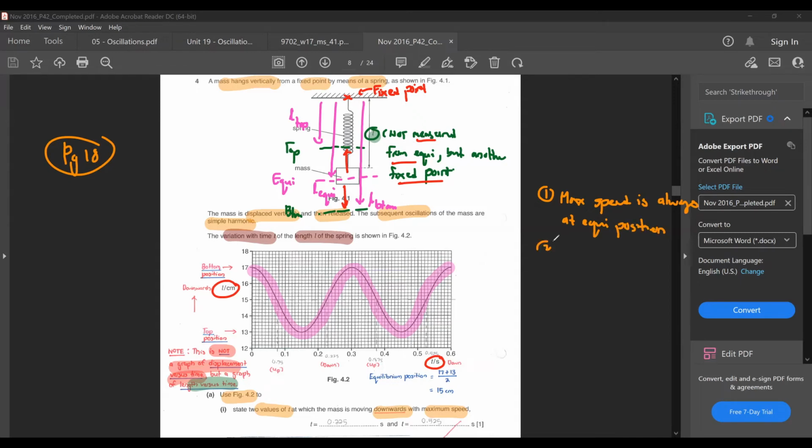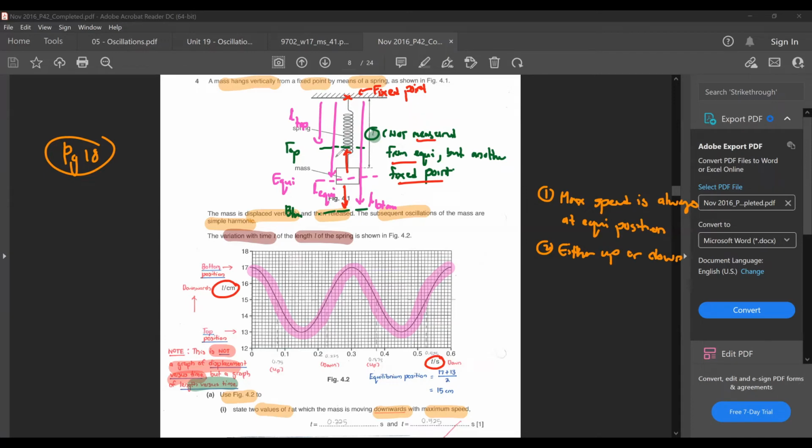In your case, it will either be up or down. It will always be maximum speed at equilibrium position, and you will have two different directions, either up or down. But now if you look at your graph, knowing that this is a length versus time graph instead of a displacement versus time graph, you need to identify what are your equilibrium positions, and what are your top and bottom positions.